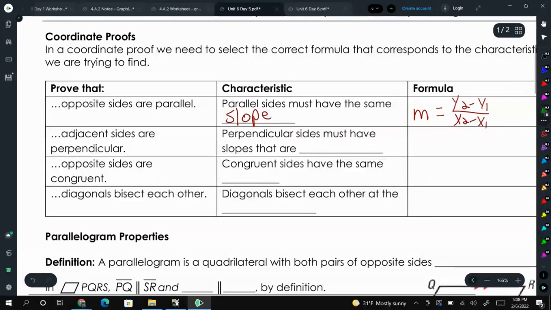Then adjacent sides are perpendicular. Remember, perpendicular means that you have a right angle. So perpendicular sides must have slopes that are opposite reciprocals. And again, we use a slope formula for that.